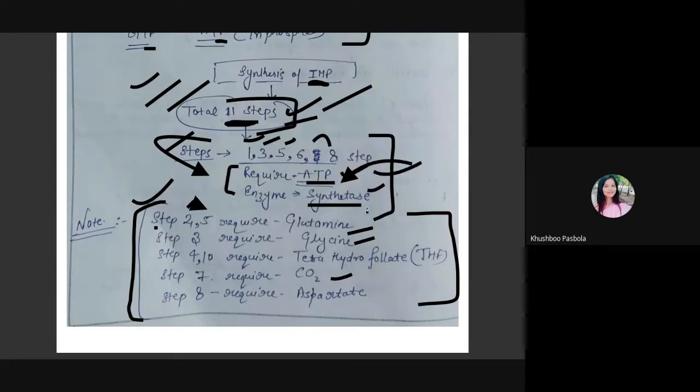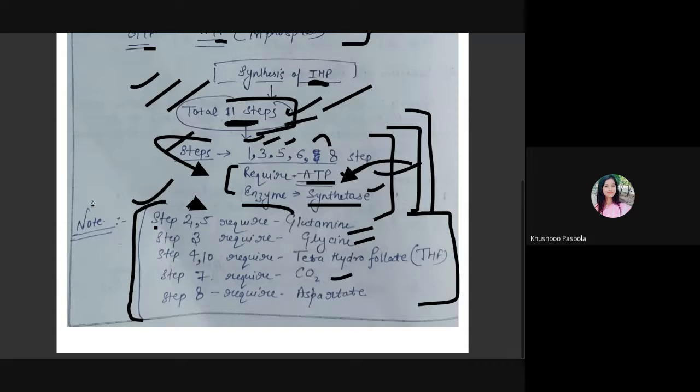And something is going to be synthesized here, so the enzyme is known as synthetase enzyme. So the first step, third step, fifth step, sixth step, and eighth step all require ATP, as well as an enzyme known as synthetase enzyme. So two requirements are there: first ATP, and the second one is synthetase enzyme. This is the first thing you have to keep in mind.